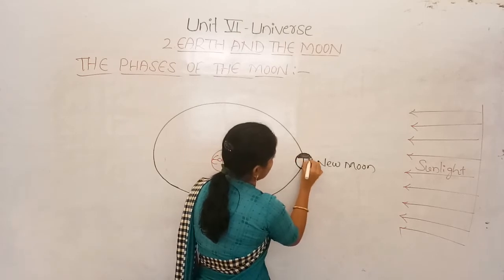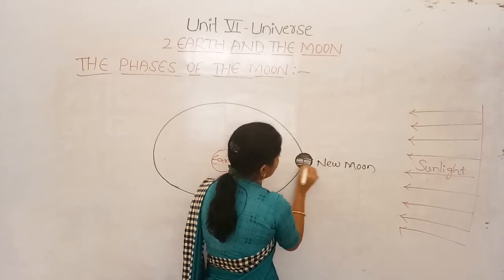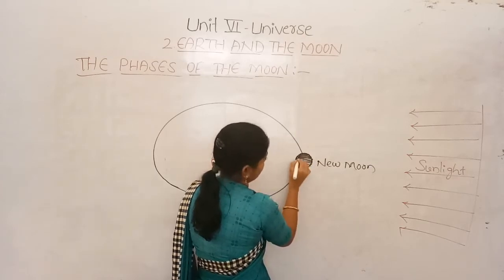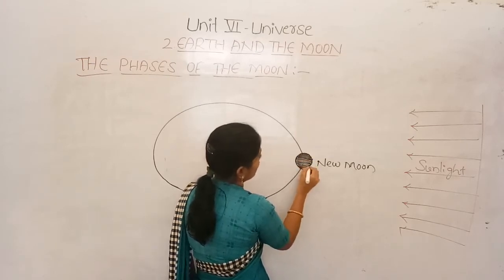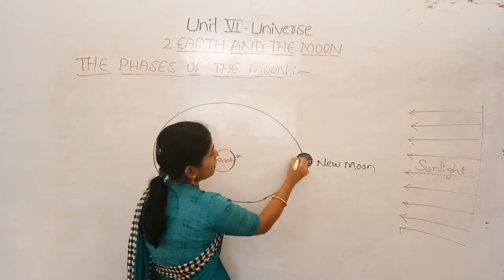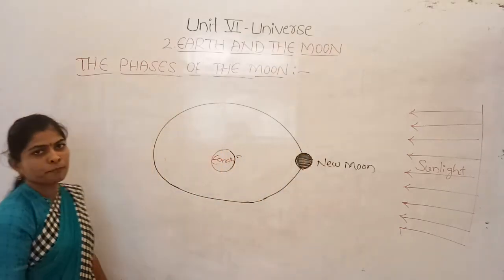So we can say that there is no moon in the sky. Yes, Amavasya. At that time we are not able to see the moon in the sky, and that we call the new moon.